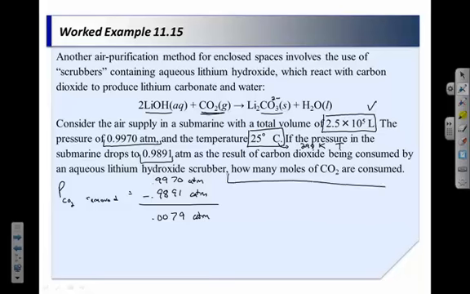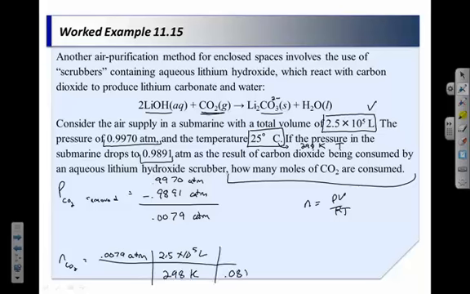So the question is, how many moles of CO2 were removed? Well, if I want to know how many moles were removed, moles of CO2, that should be equal to, from the ideal gas law, the pressure of the CO2 times the volume divided by the temperature divided by R. So the atmospheres cancel, the liters cancel, Kelvin cancels, I got moles.